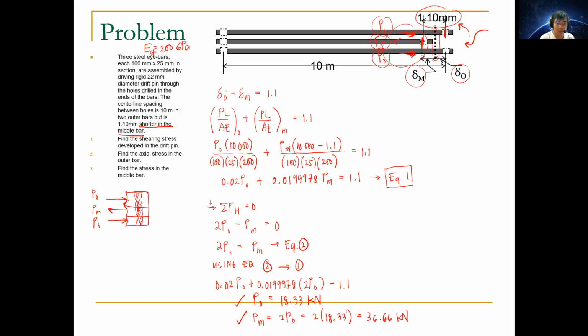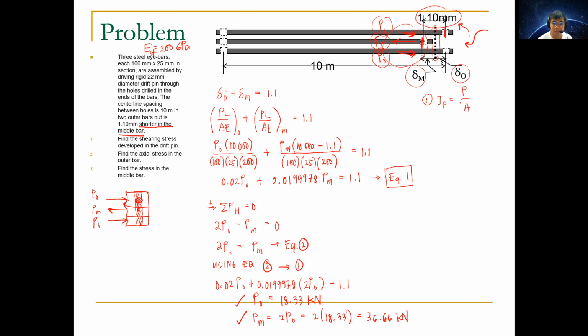Of course, it's going to experience shear stress because the force is parallel to the area, which is circular. Circular pin. So for the shear stress at the pin, shear stress is equal to force over area.